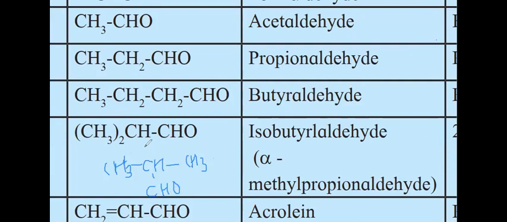This carbon is the alpha carbon and both other carbons are beta carbons. To this alpha carbon, methyl groups are attached, therefore alpha methyl propionaldehyde. Trivial name, common name.